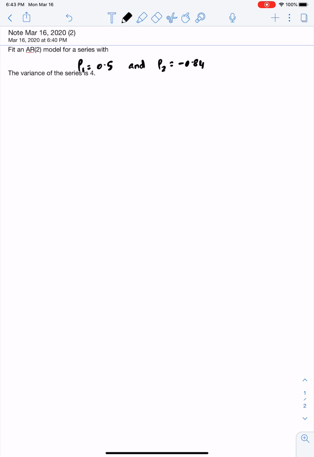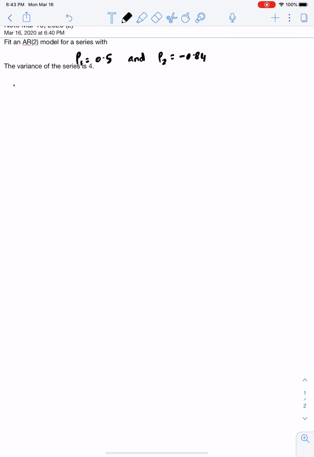So we have rho 1 and rho 2, and the model that we need to fit is xt is equal to phi1 xt minus 1 plus phi2 xt minus 2. And if we find the values of phi1 and phi2, we would have our fitted model.